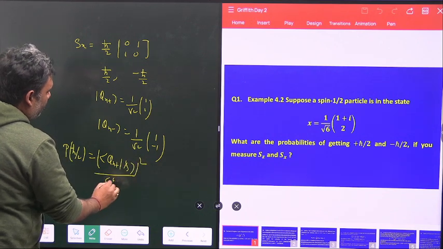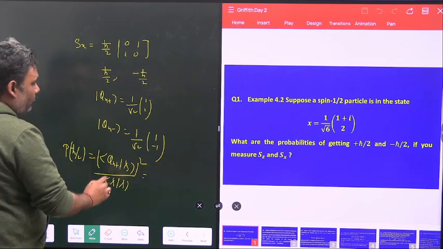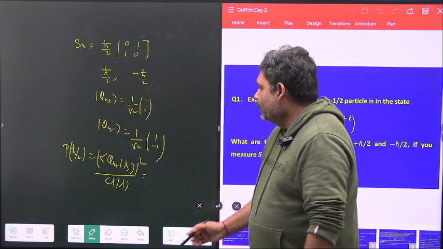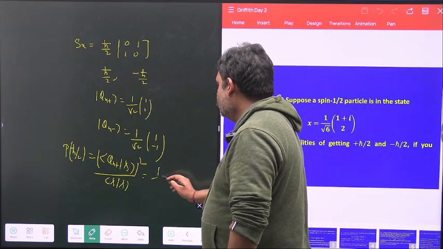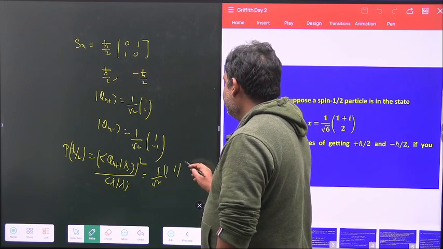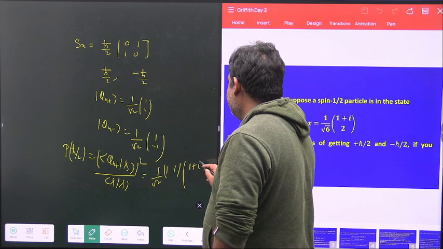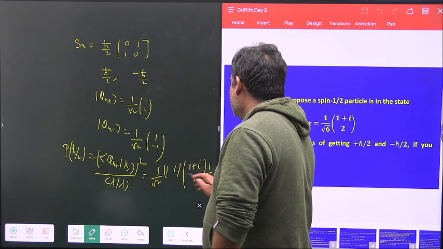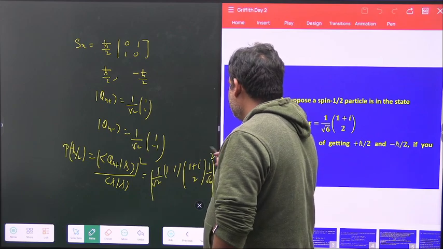Here you have to calculate very carefully. This value is 1 upon root 2 (1, 1), and here you have (1+i, 2), as well as 1 upon root 6. So you have to take the square.